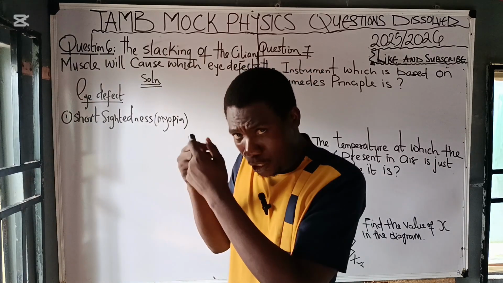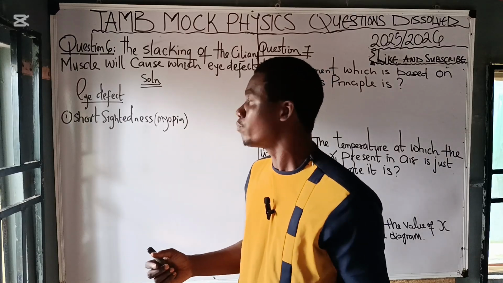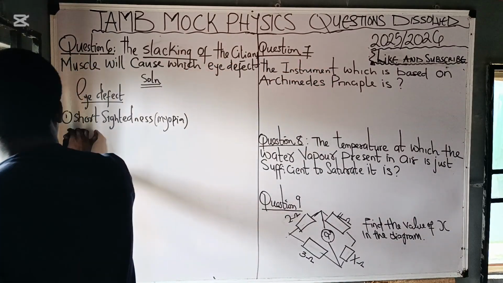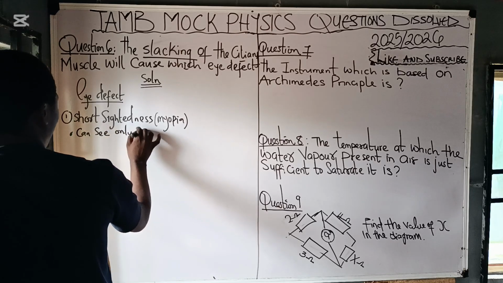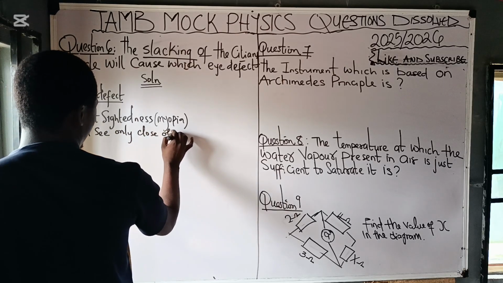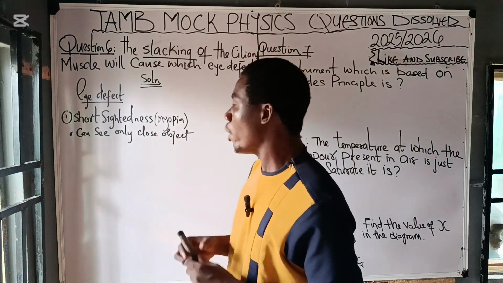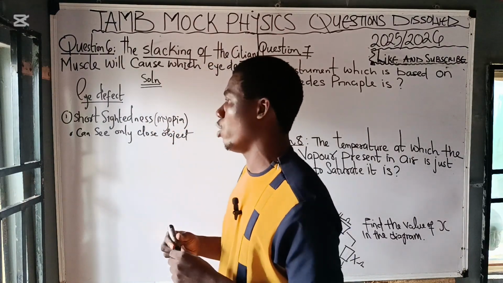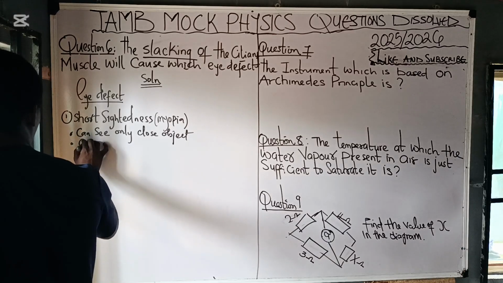So we say that the person is short-sighted or myopic. Do you understand? Good. So he can only see objects that are close. What is the cause? The reason is because he cannot see far.